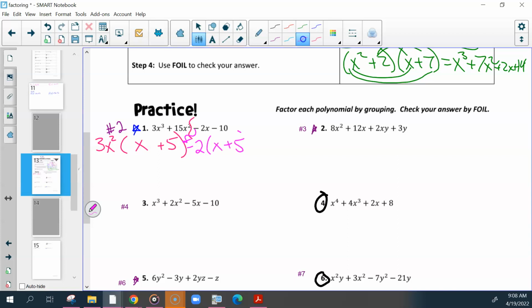That's important. If we didn't take out a negative, we'd have negative x and minus 5, which would tell us there's something wrong there. Our insides are the same, so that's going to be one of our factors, x plus 5. And then everything on the outside will be the second set of factors. It does not matter the order in which you write these factors.